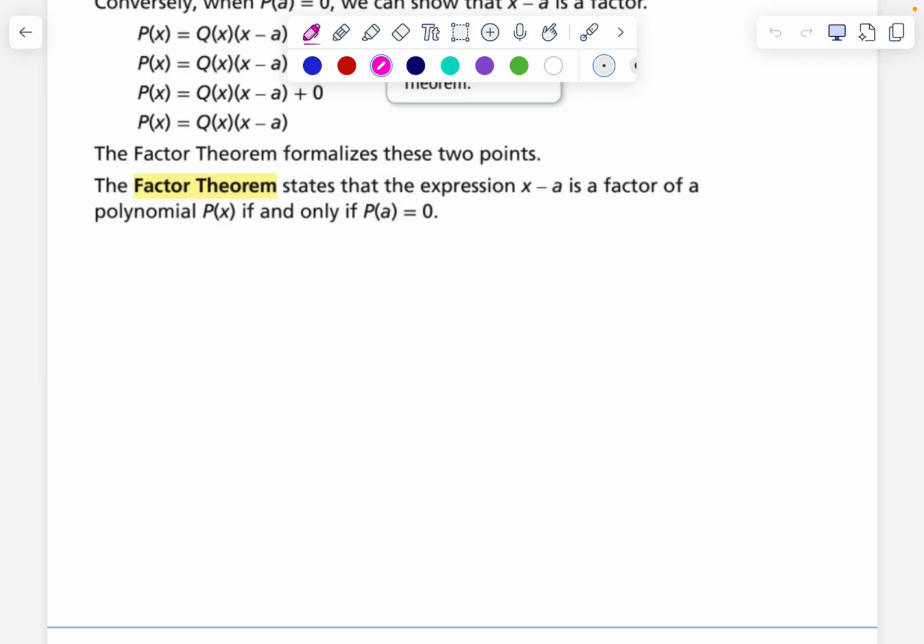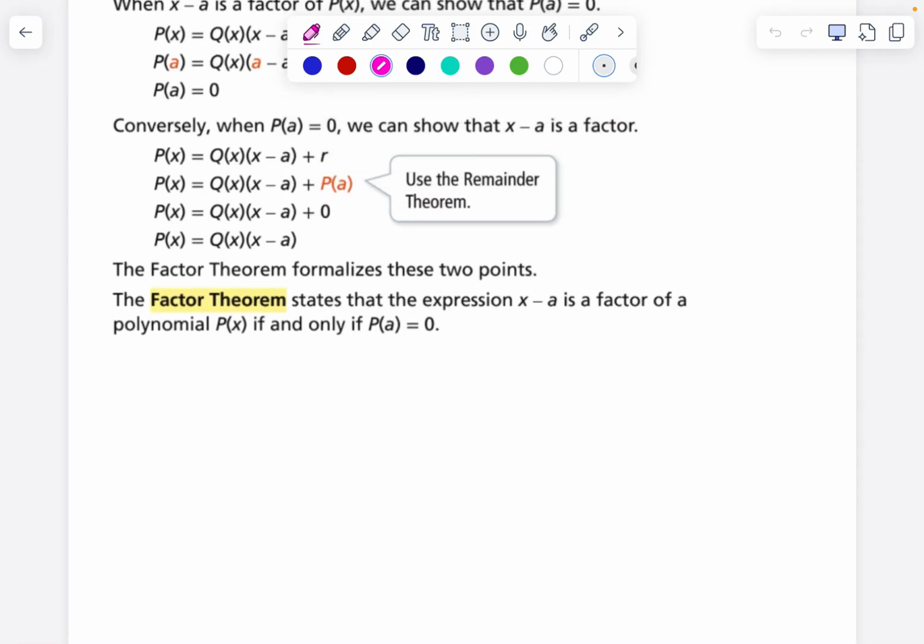In other words, if your remainder is 0. Or if you plug a in to the function and you get 0 as your answer. Either one. Okay? We've seen that before. I've kind of started asking you, hey, is this a factor? And you've been able to tell me yes or no, just by looking at the remainder.